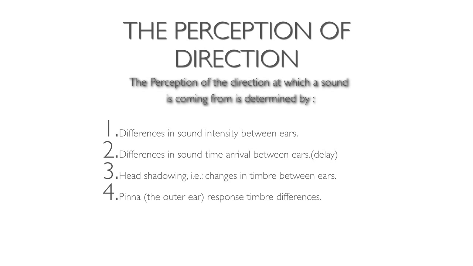We also have this pinna, the fleshy part of our outer ear, that part that sticks out from our head. And it reflects sounds differently depending on what angle they're coming from. So if they're right in front of you where you're looking, that reflects in a certain way.